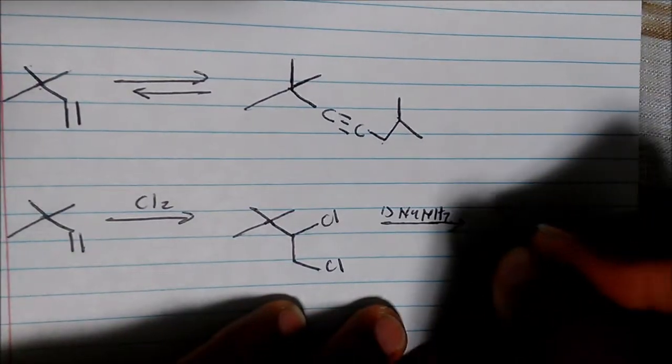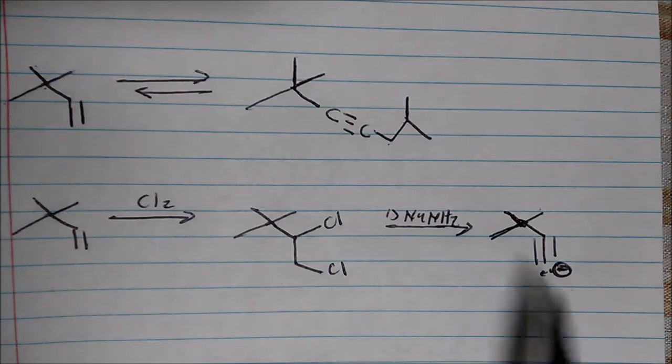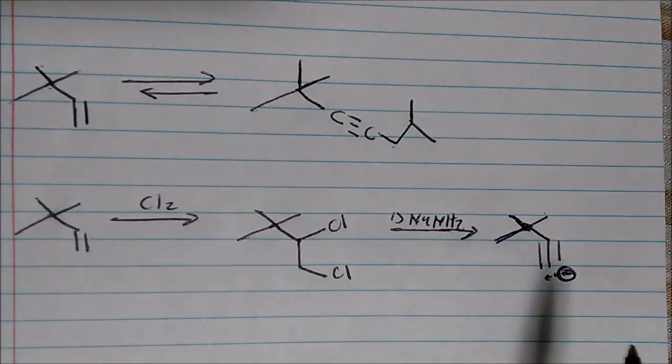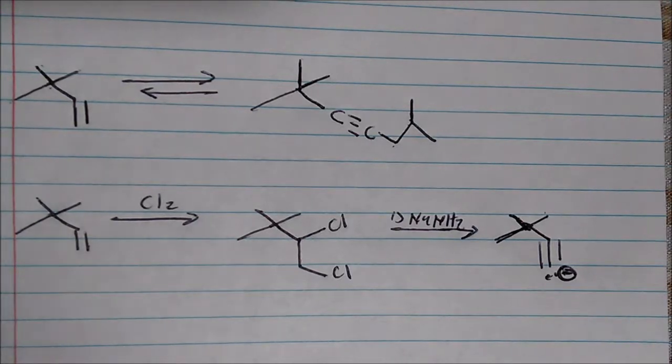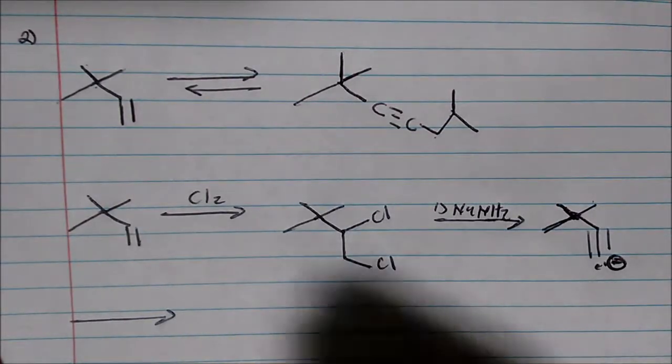Now remember, if we added water, there would have been some sort of proton source. So that's why I didn't add any water. Now that I have that negatively charged carbon, I could just add how much the carbon chain differs by, and we already said it differs by 4. So in the last step, we could add this molecule here.